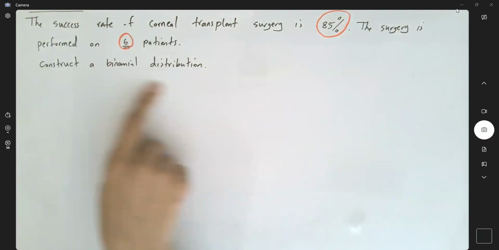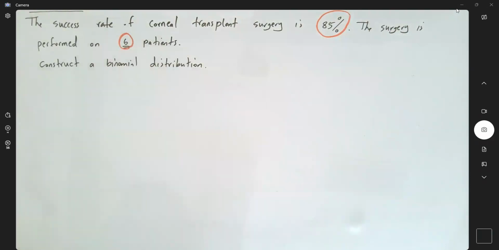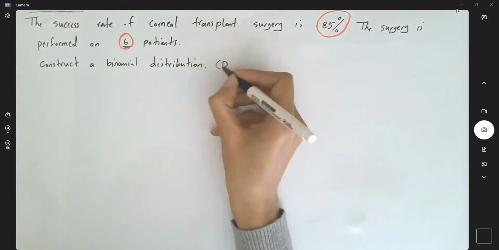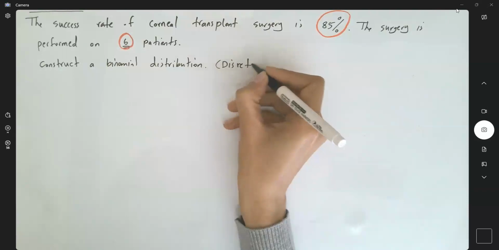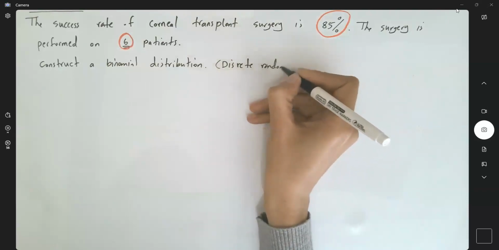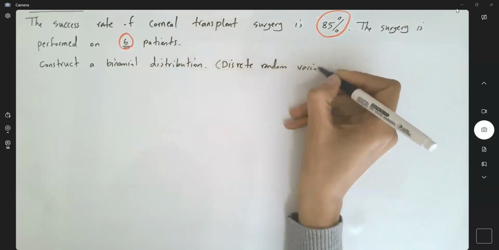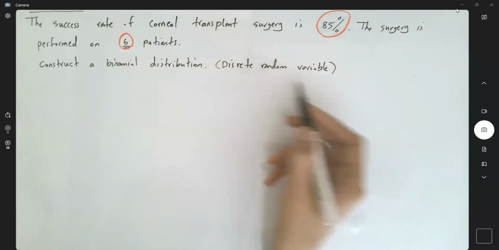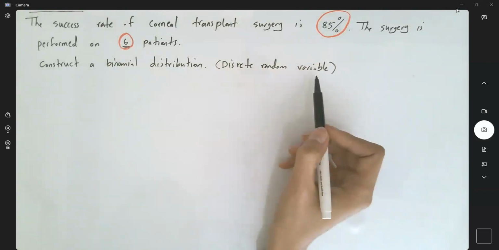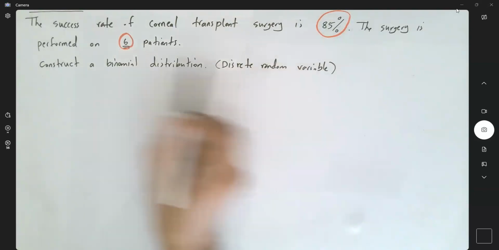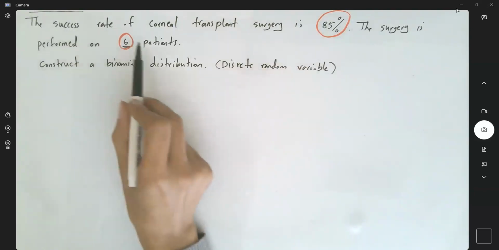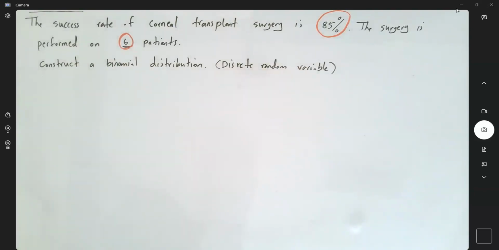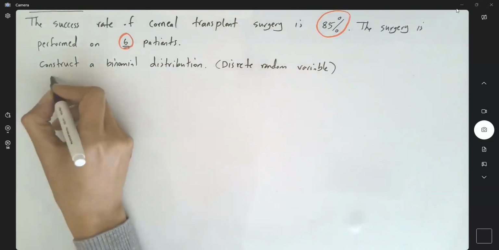So when we're talking about a binomial distribution, it is a discrete random variable. This discrete random variable X counts the number of successes in this surgery.